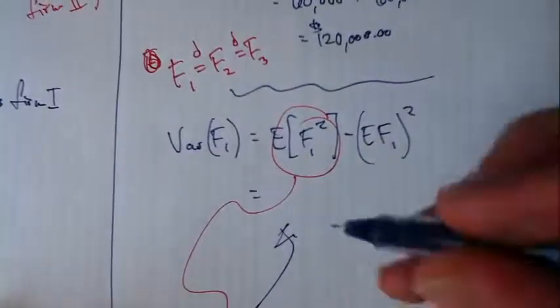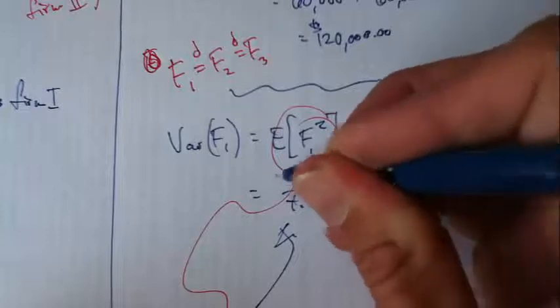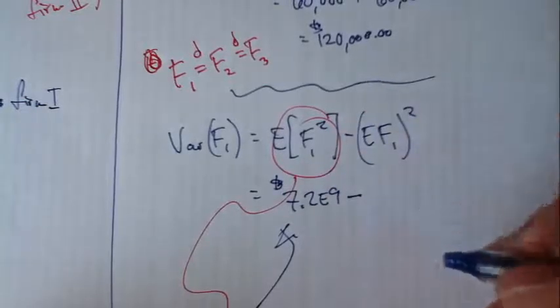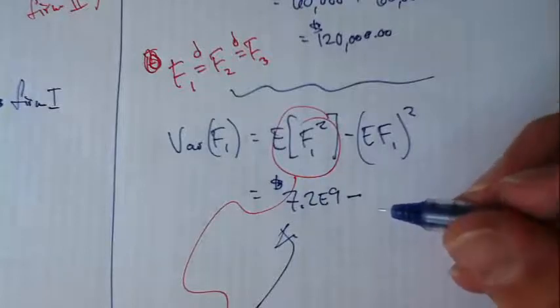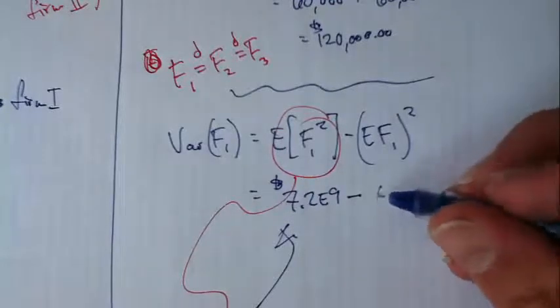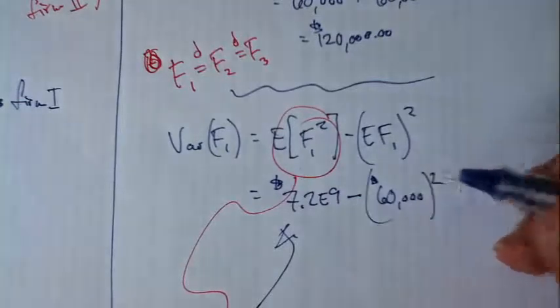7.2 times 10 to the 9th dollars minus, I have to take the expected amount of earnings, $60,000, and square it. Oh, by the way, I guess this has units of square dollars, doesn't it?